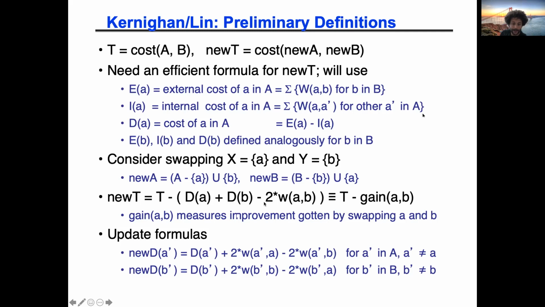And now we have accidentally double counted the cost of the edge between a and b, because we don't know which other vertex is moving from part B. We also accounted for the cost of the edge between these two, but we have to subtract it out. So in some sense, that's defined as the gain of swapping a and b.